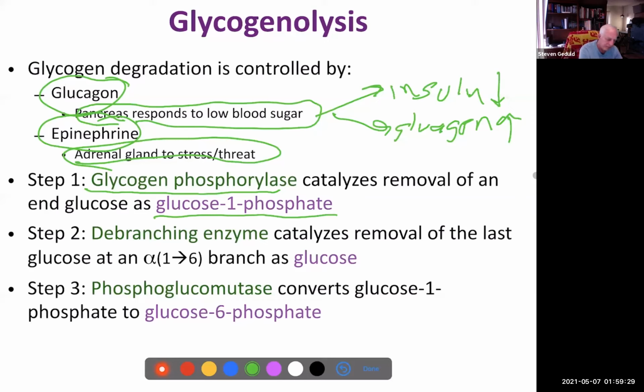Debranching enzyme catalyzes removal of the last glucose at an alpha-1,6 branch as glucose. Phosphoglucomutase converts glucose 1-phosphate to glucose 6-phosphate. Okay, those are your three steps.